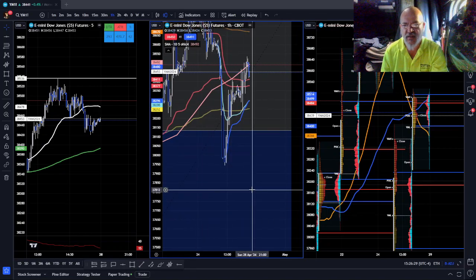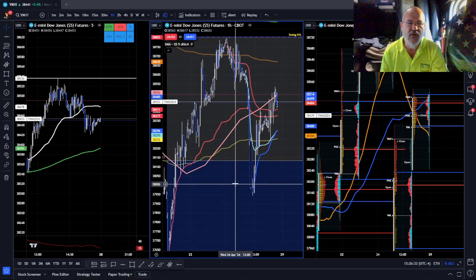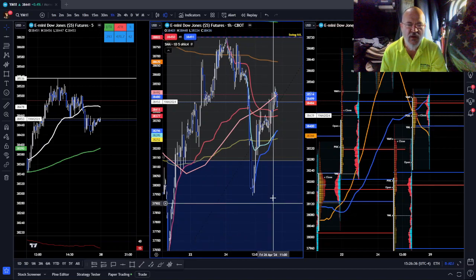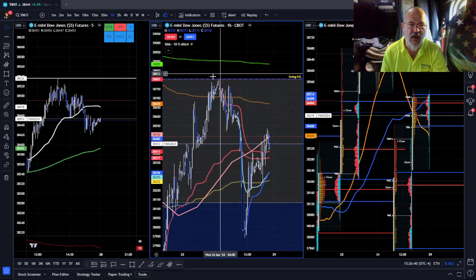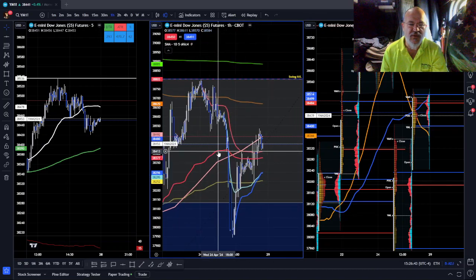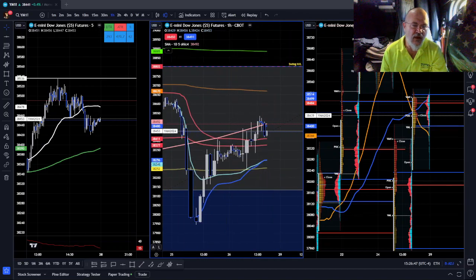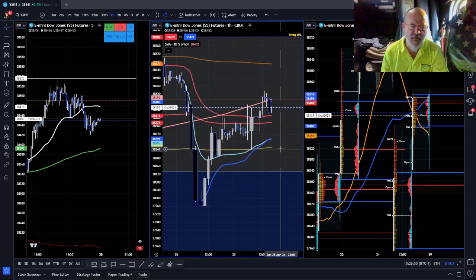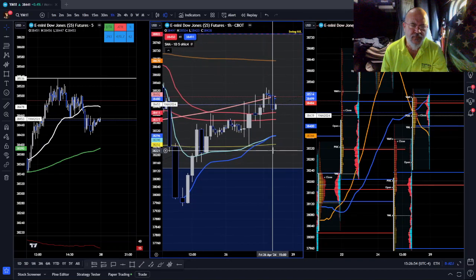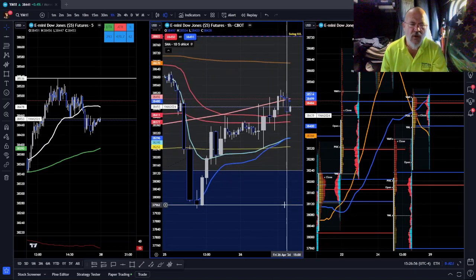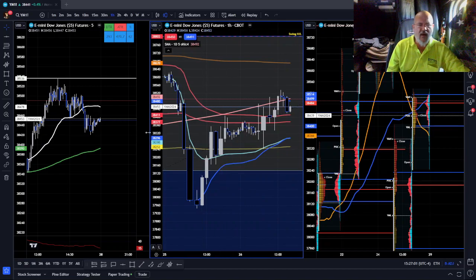That's possible, until we get down towards the low, then we either break it or we bounce off of it and we start working our way back towards the high. We'll just let the market tell us what it's trying to do and how good of a job it's doing in getting there. Okay, so that is it for the 1 hour.